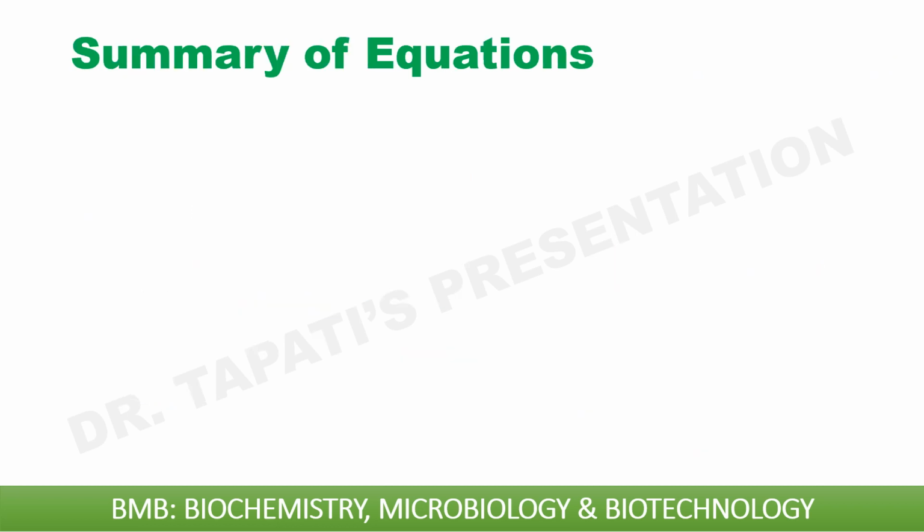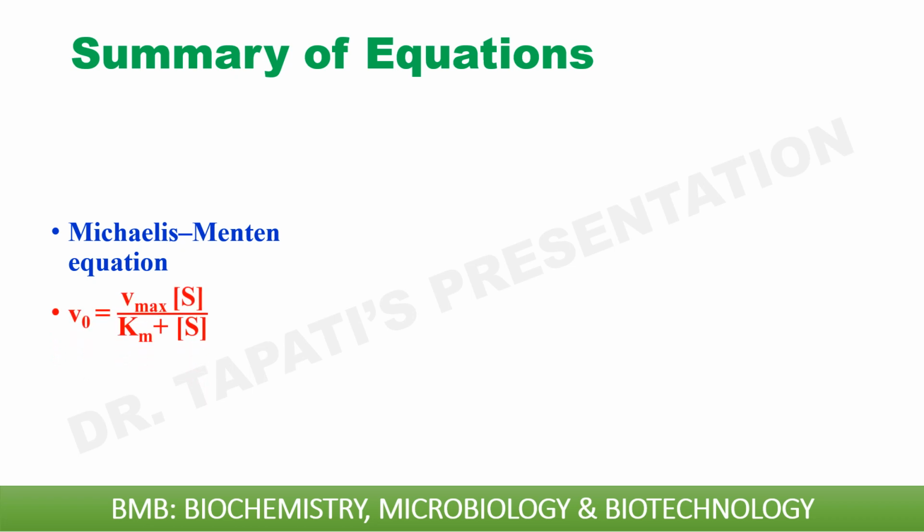Let's summarize all the equations from this unit. First equation is the Michaelis-Menten equation, that is V0 is equal to Vmax into substrate concentration divided by Km plus substrate concentration.